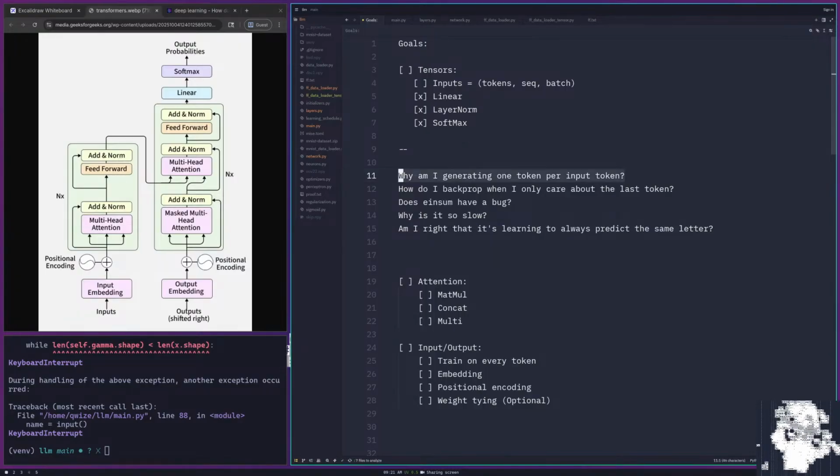Why do I care about generating all of these letters? So there's a difference between training time and inference time. Inference time is like when you're actually using the trained model. When you're using the trained model, you don't care about all of the extra tokens. You only care about the last one.